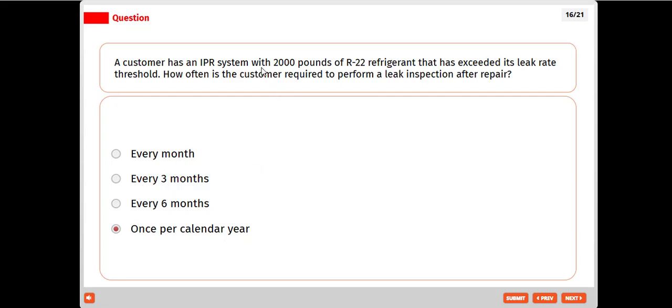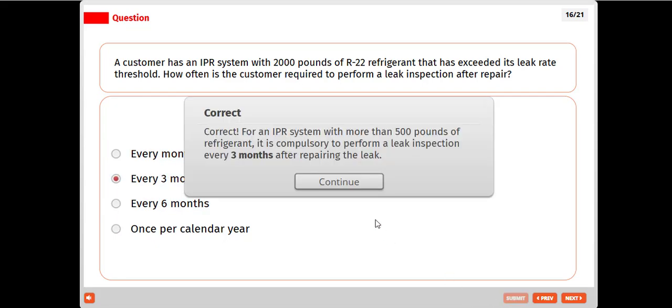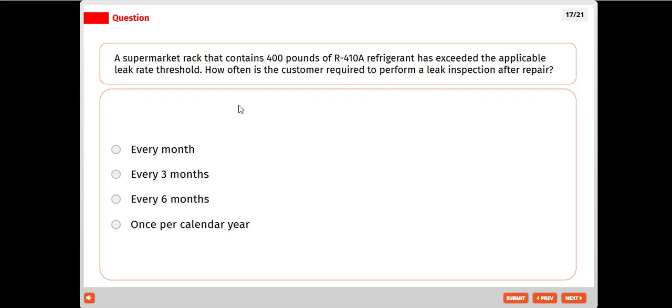No, 2000 pounds. After repair, after 3 months, every 3 months. Yeah, because it's more than 500 pounds. This is 2000. So it's every 3 months.